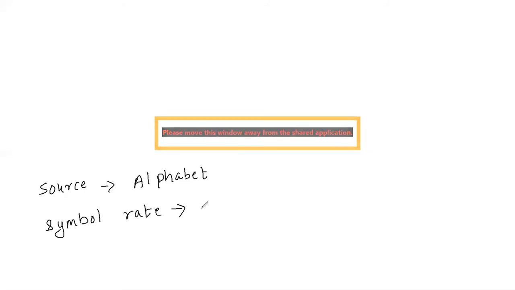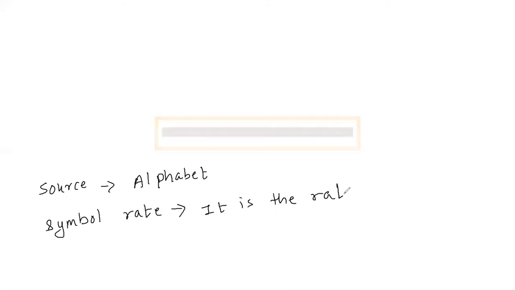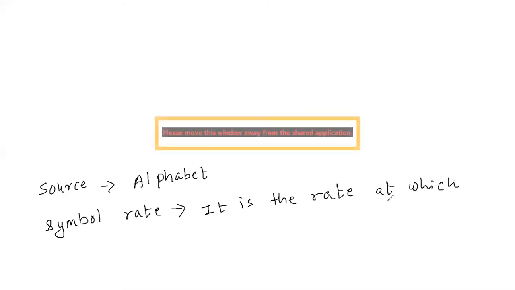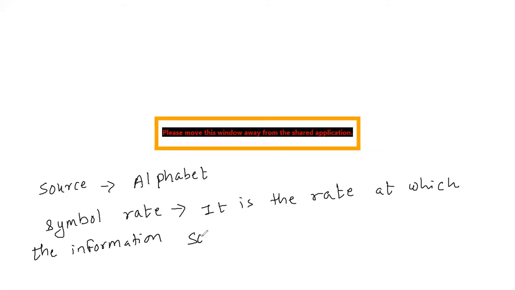So it is the rate at which, very important definition, the information source generates source alphabets. Is it clear?